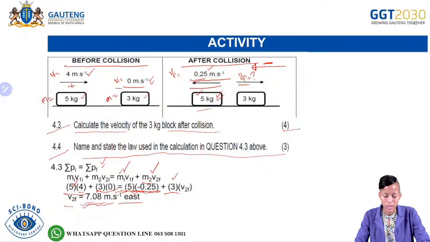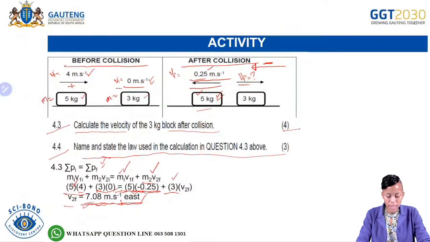Because velocity is a vector quantity, you have to have magnitude, which is 7.08, an SI unit, which is meters per second, and the direction, which is east in this case.